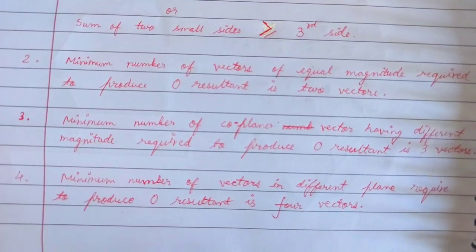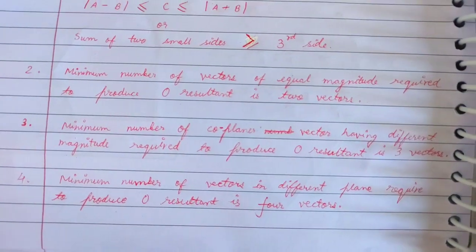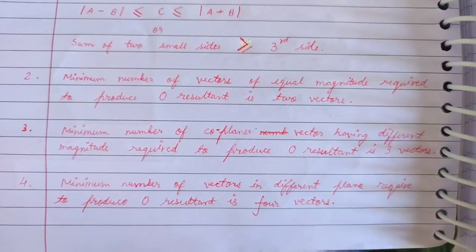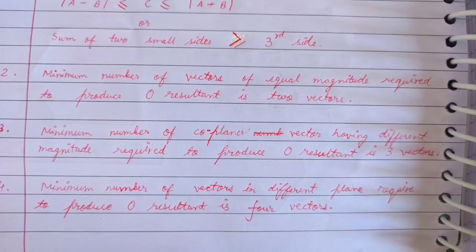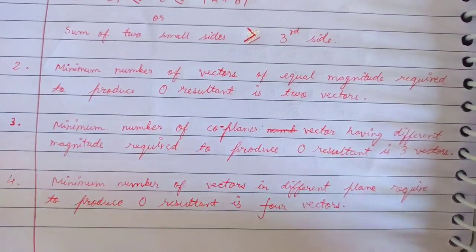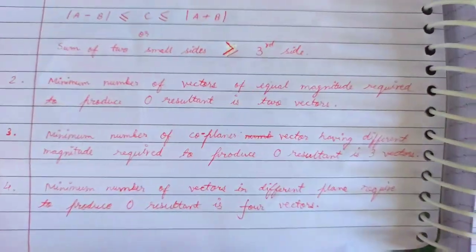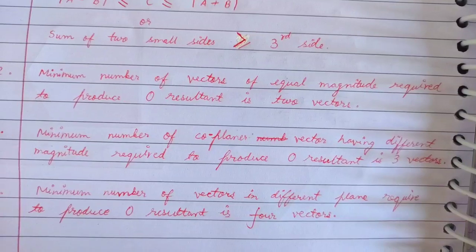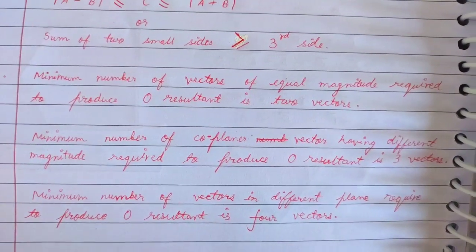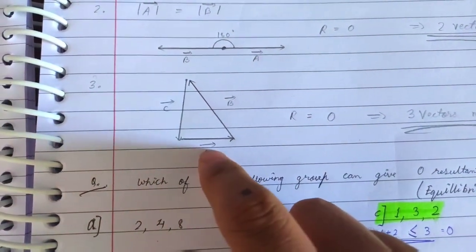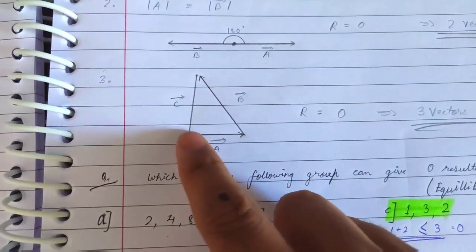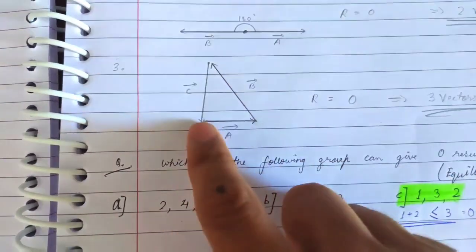The next statement is that the minimum number of coplanar vectors having different magnitude required to produce 0 resultant is 3 vectors, which means we need 3 vectors of different magnitudes if we want to produce a resultant of 0. Like in this figure, there are 3 vectors A, B and C, and all of them are in the same order, head to tail, head to tail, head to tail.